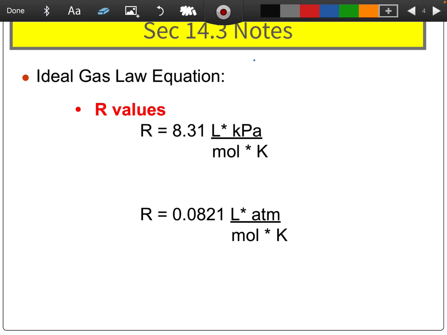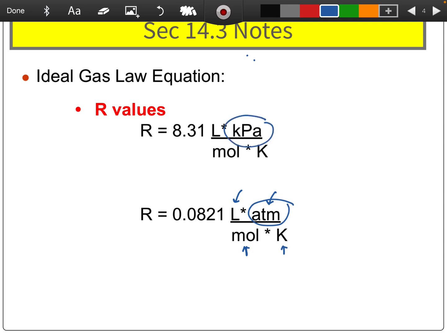So you'll want to look at the information from the problem to see what units everything is given in, and then use that to match up the R values. The second R value that you could use is 0.0821, and to use this value, volume would have to be in liters, pressure has to be in ATM, moles has to be in moles, and temperature has to be in Kelvin.